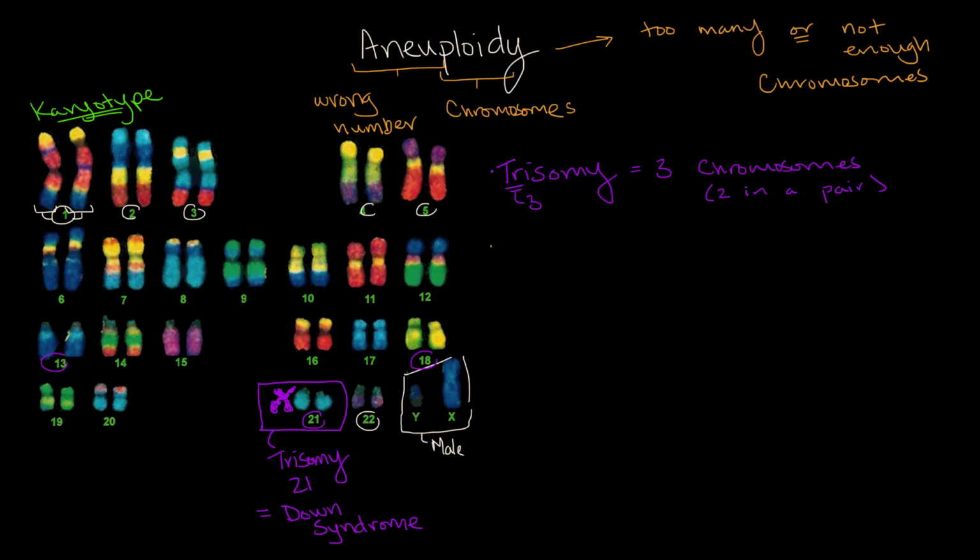So the other type of common aneuploidy is a monosomy. And mono means 1. So this is 1 chromosome from a pair.